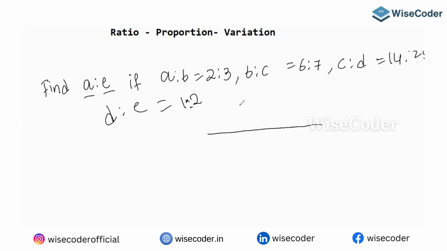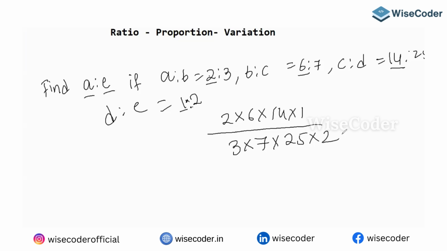So write all the antecedents in the numerator: 2 into 6 into 14 into 1. And write all the consequents in the denominator: 3 into 7 into 25 into 2.